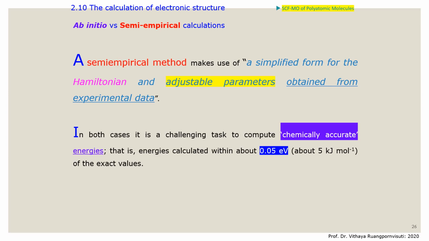In both cases, it is a challenging task to compute chemically accurate energy, that is, energy calculated within about 0.05 electron volt, or about 5 kJ per mole, of the exact value.